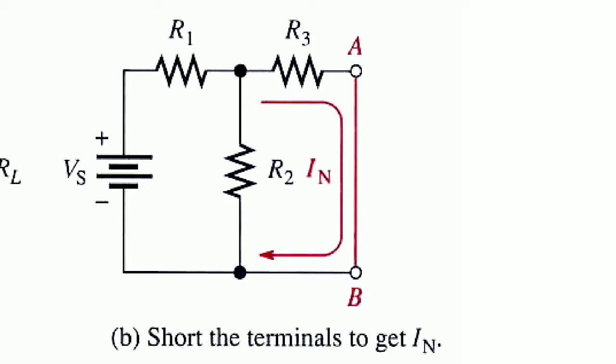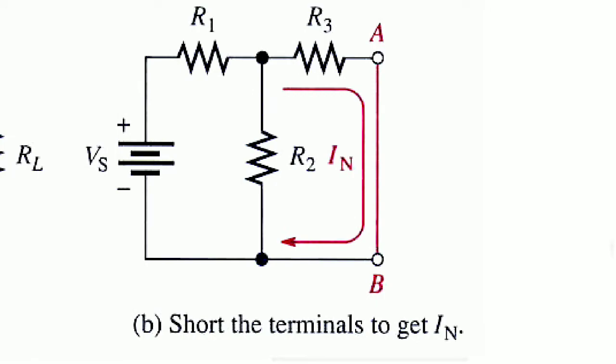The supply Vs, R1, R2, R3 are the same, but here, step 1: the load resistance is removed and the terminals A and B are shorted.